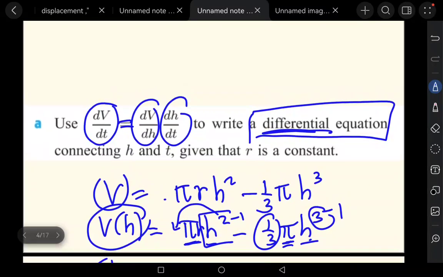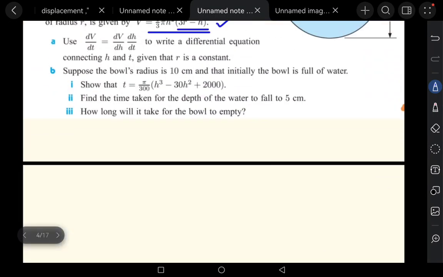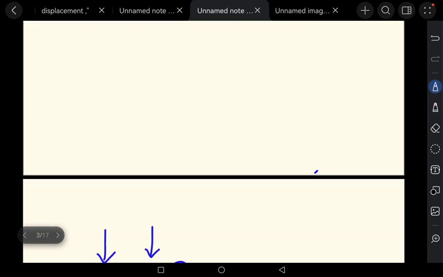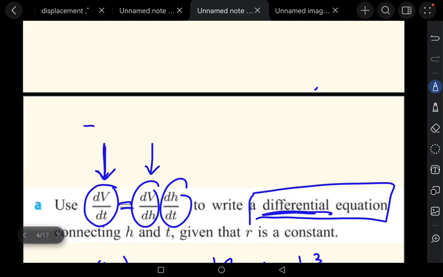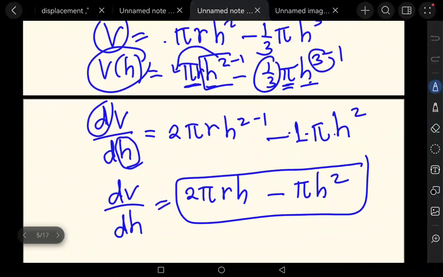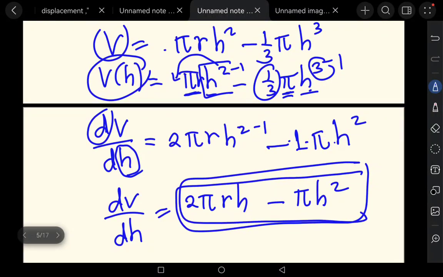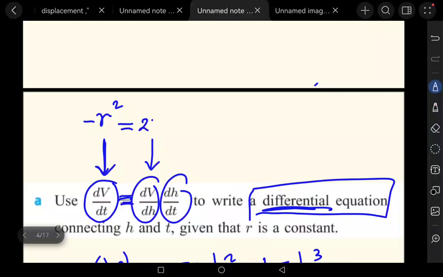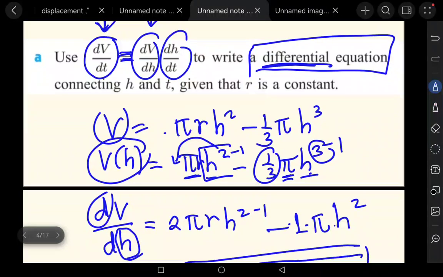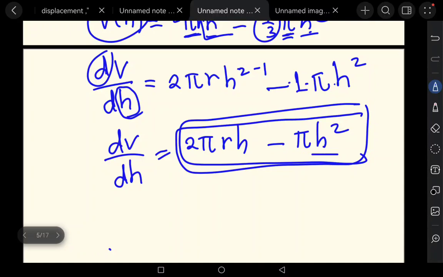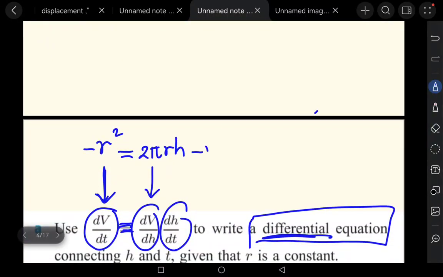So this we got just now, and in the question, dV with respect to dt is negative r squared, equals dV over dh, this one, 2 pi r h minus pi h squared, times dh over dt.